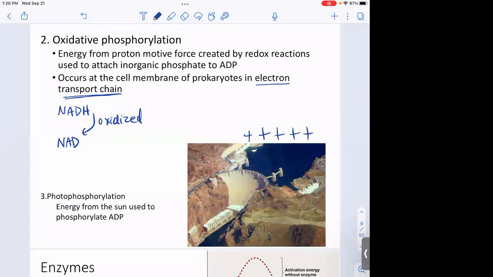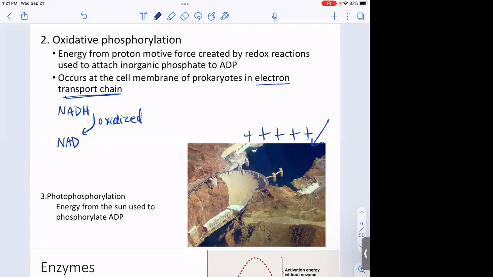And a great analogy for that is that those protons are potential energy, just like this lake water is potential energy. When it flows through that dam, those turbines are going to produce electricity. When those protons flow in at a certain spot in the cell membrane, that powers the phosphorylation of ADP to ATP. So we will concentrate on that much more.